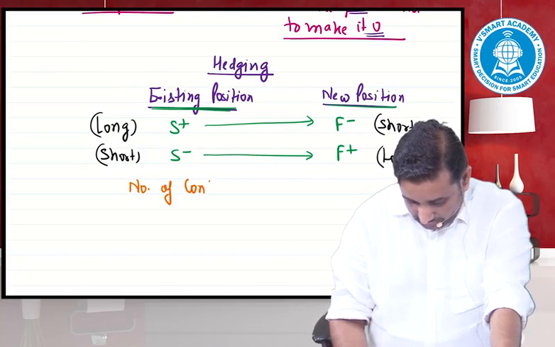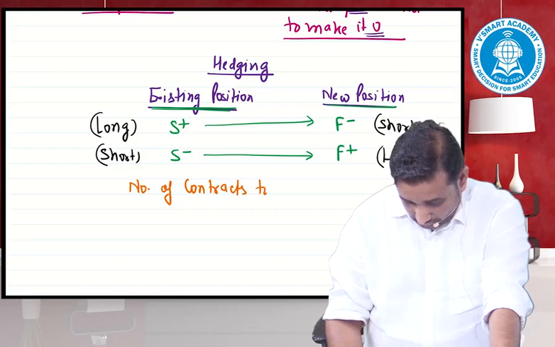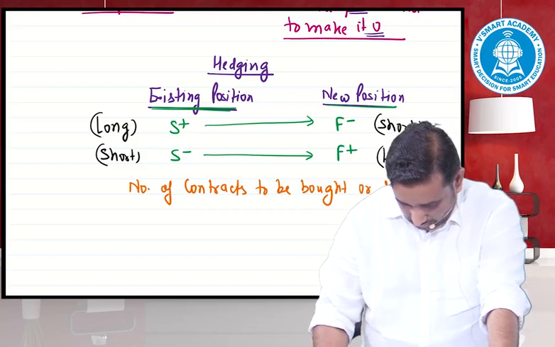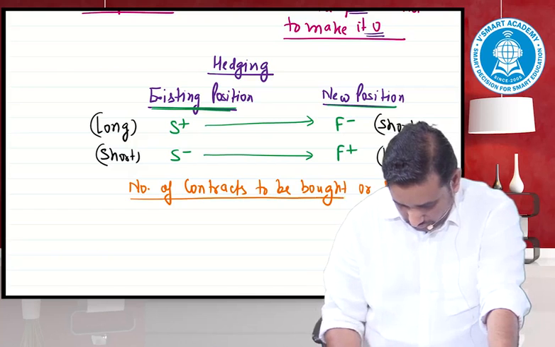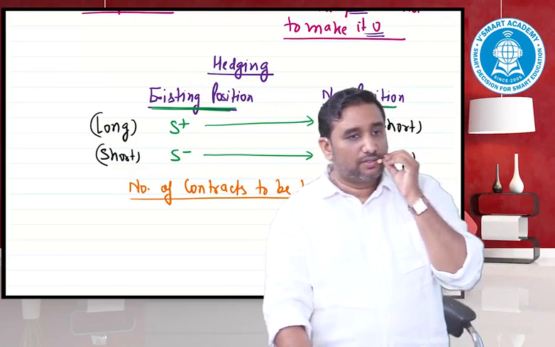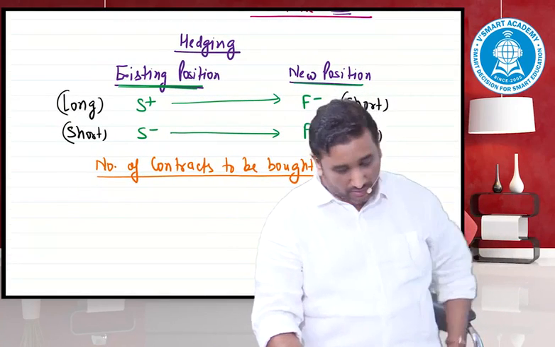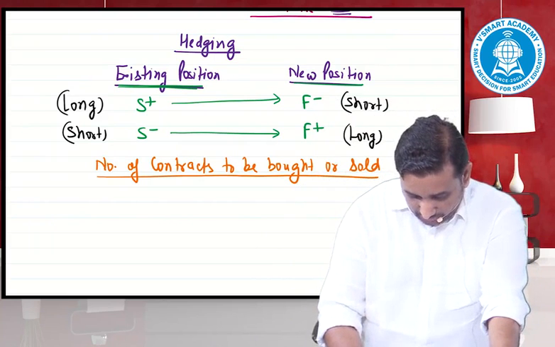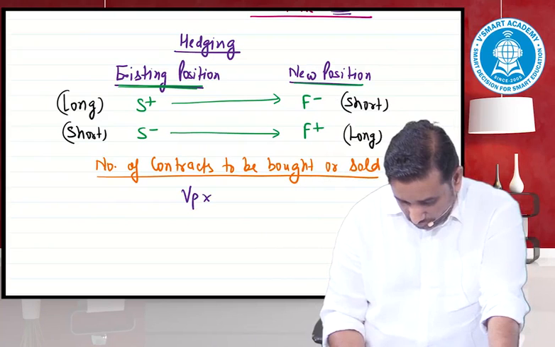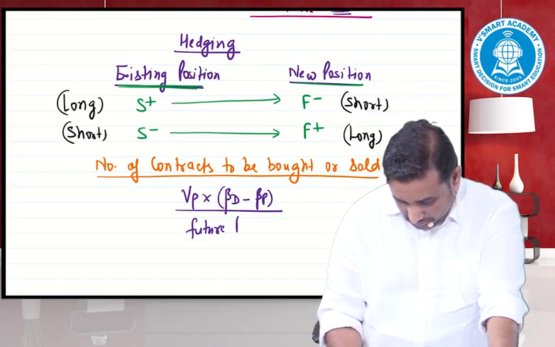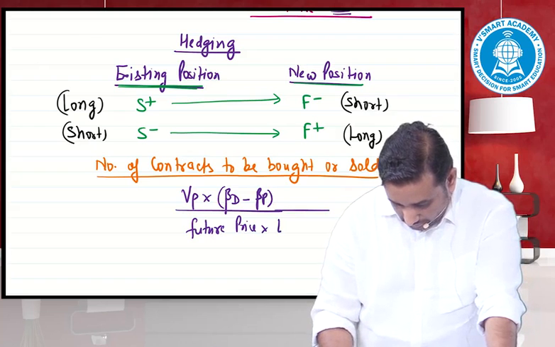The formula reads as: value of portfolio into desired beta minus beta of portfolio, divided by future price into lot size. Sir, how does this formula work?